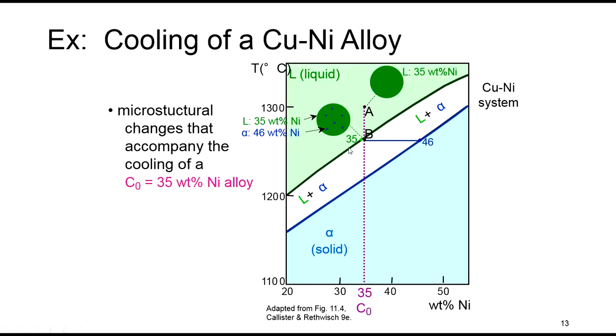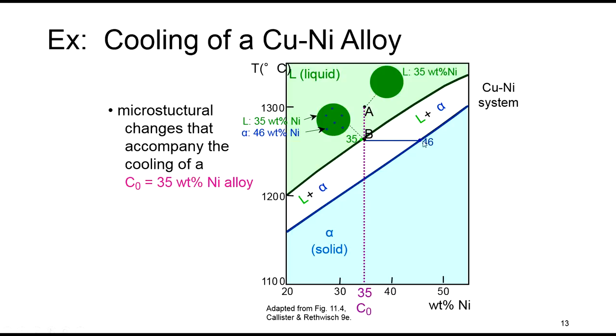If we go down to a point like B, which is just a little bit to the right of the liquid phase, it is in the two-phase region. At B we actually see these two phases, and because there is just a little bit of alpha phase, we are expecting tiny spots in the microstructure having alpha phase. What is the composition of nickel in this alpha?